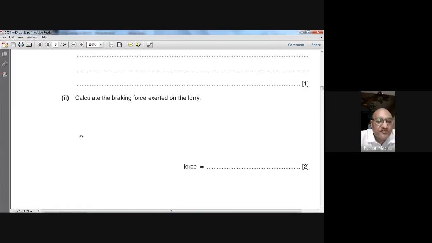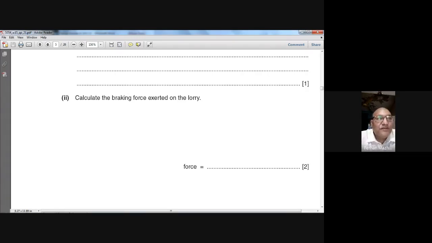And the distance covered is 40 meters. So it will be 8.8 × 10^6 = F × 40, and F will be equal to 8.8 × 10^6 divided by 40, and the value of F will be 2.2 × 10^5 newtons. It's a 2 marks numerical.